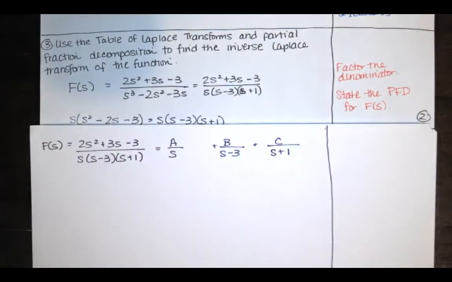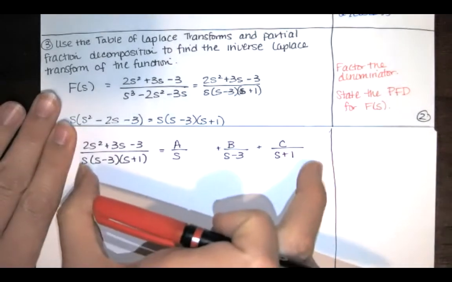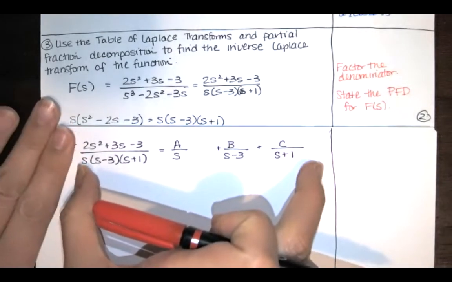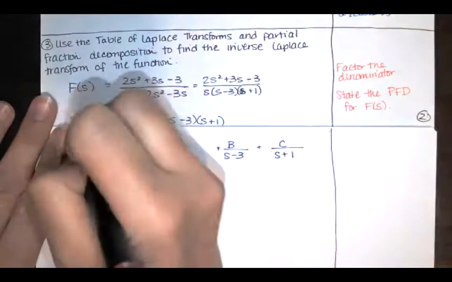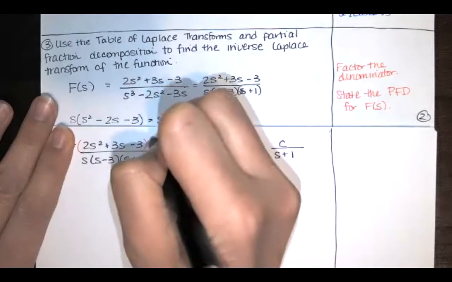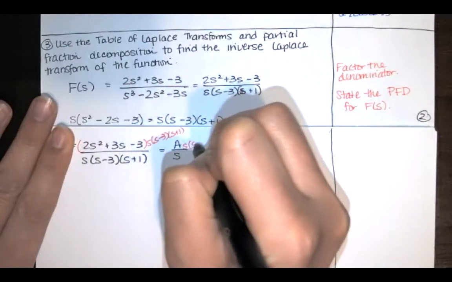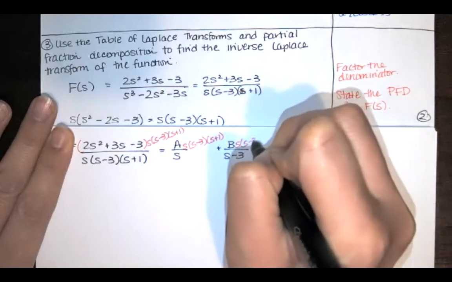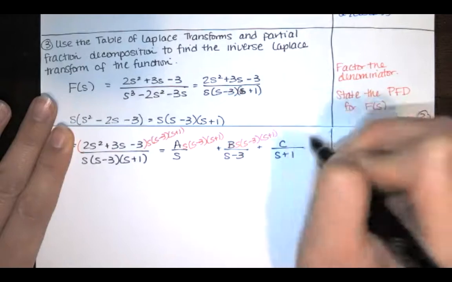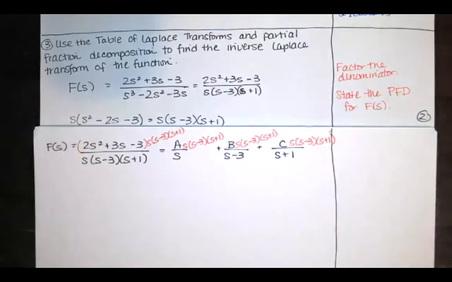Now, in order to find the values of those constants, we'll multiply both sides of this equation, just thinking of this as the equation, so leaving off that label F of s, by the original denominator. So you do s times s minus 3 times s plus 1. Okay, and then reduce factors wherever you can.